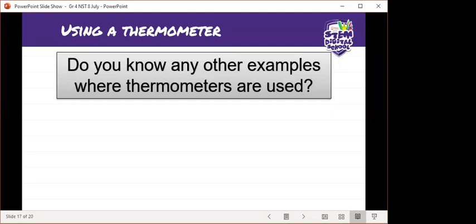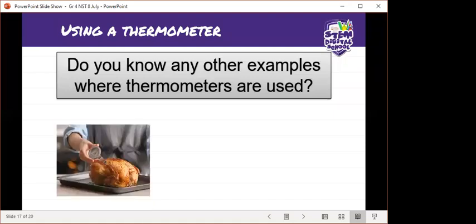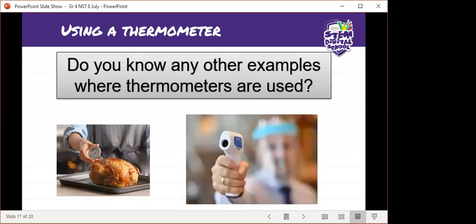I see Nati says in the clinic, the hospital. Right, and that is true, right? So thermometers could also be used in ovens and where baking is required, right? And also in hospitals where we measure the temperature of the patient, right? So just to check if you have a fever or what's going on. And if you guys have been to shops, I'm sure you have come across such a device.